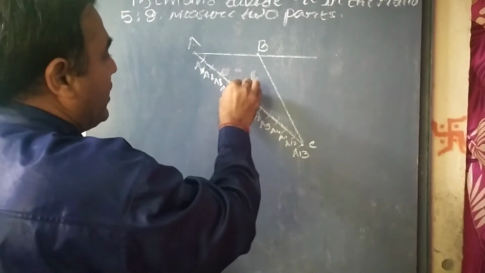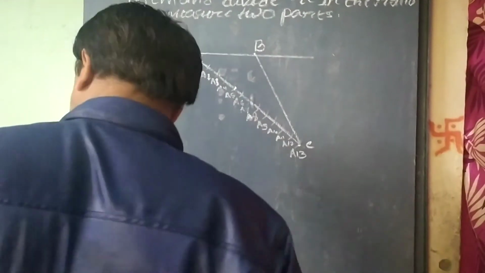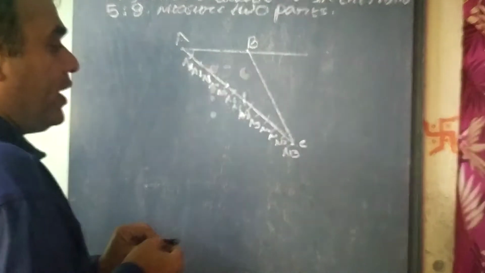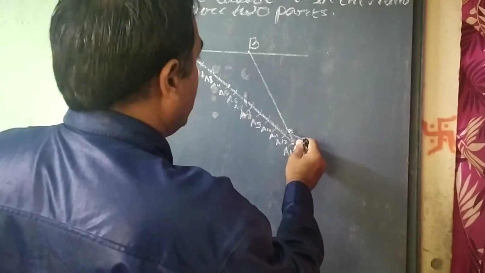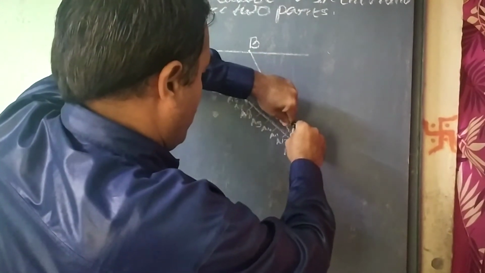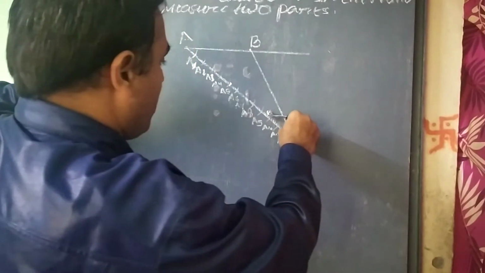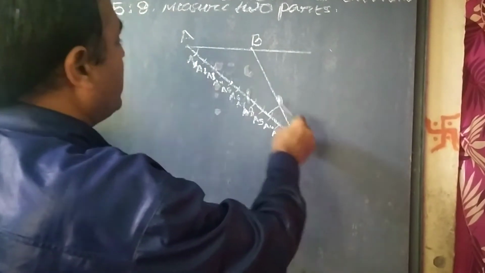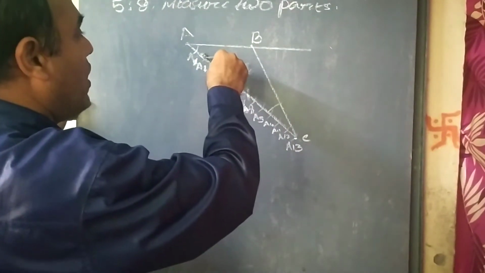Here we will take another point. Now we will draw an arc at A13, cutting BC somewhere. Similarly, we will take an arc here.